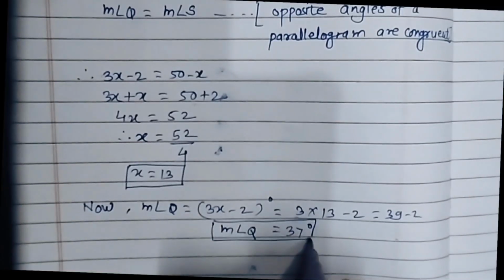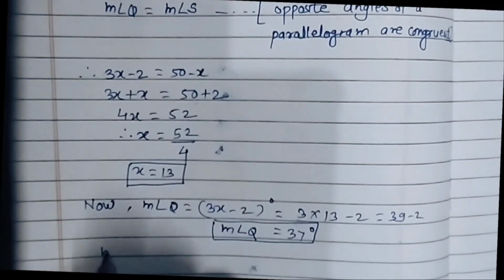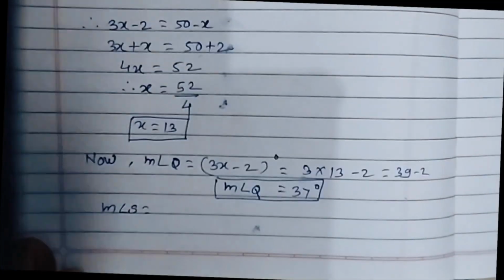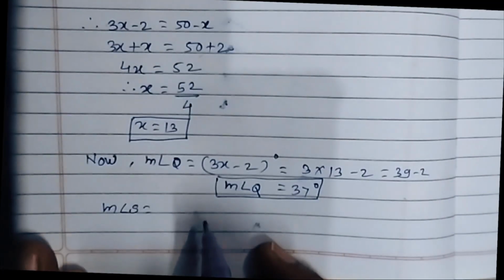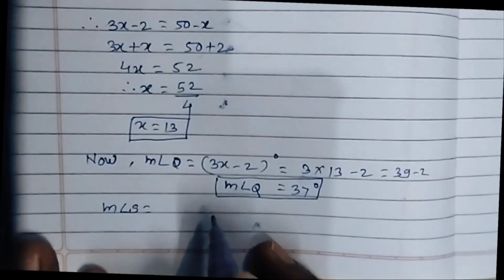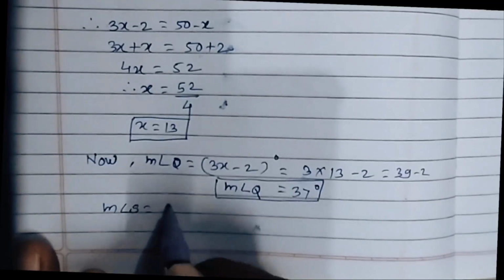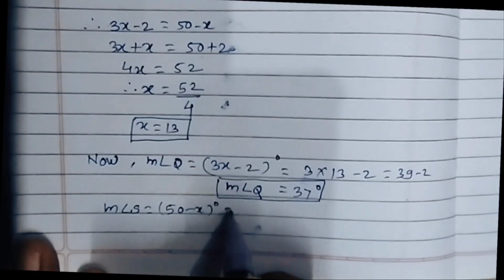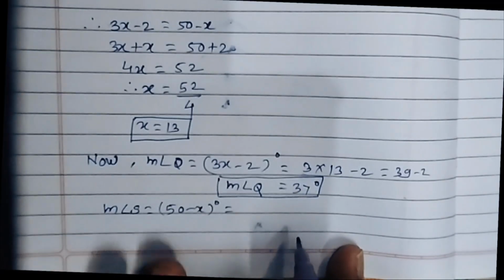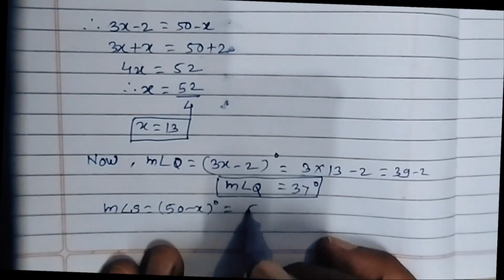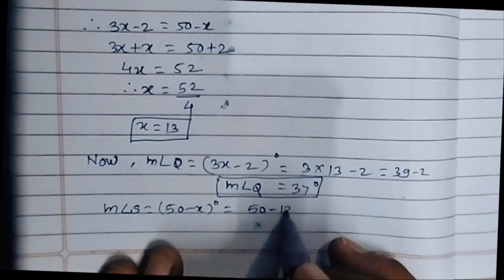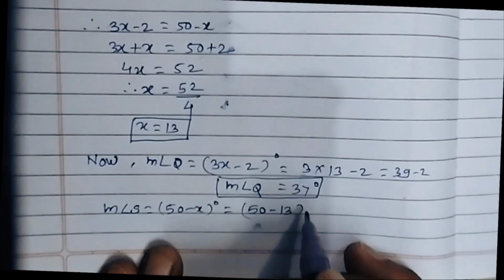Again find out the measure of angle S. Measure of angle S is equal to 50 - x, which is given. So here we can write as 50 minus x, the value 13.